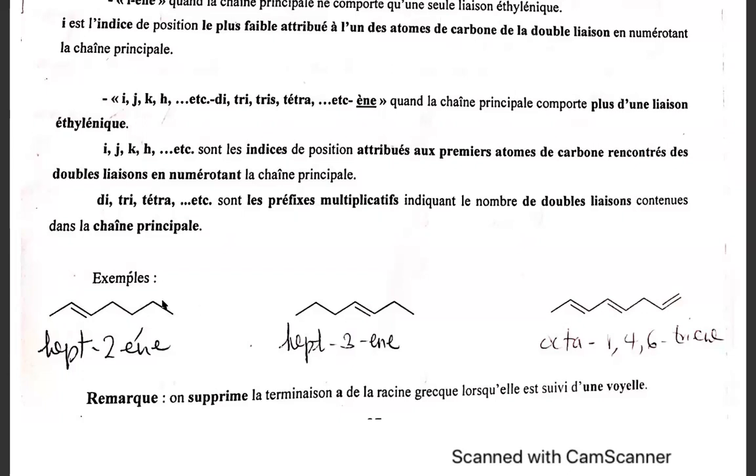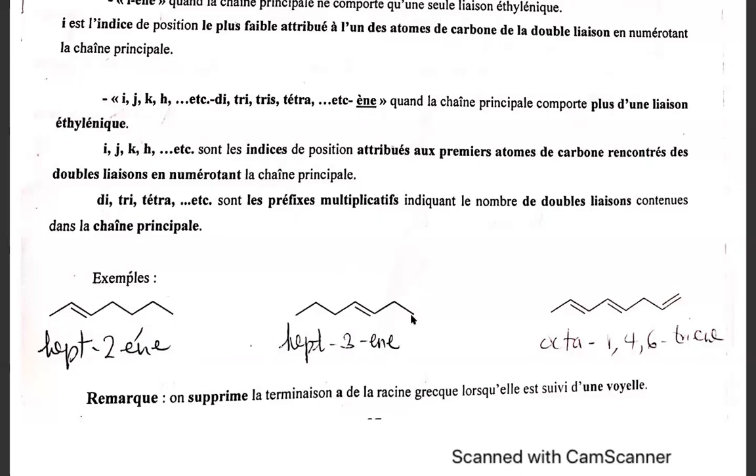So when you count from this side, you have 1, 2, 3, 4, 5, at position number 5, and you have 1, 2 at position number 2. So it becomes hept, which is the prefix, then the position of the double bond, and the termination. So this is called hept-2-ene.